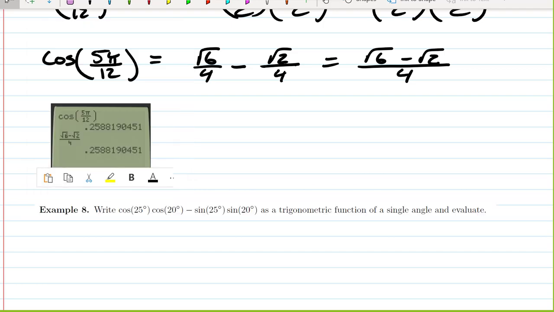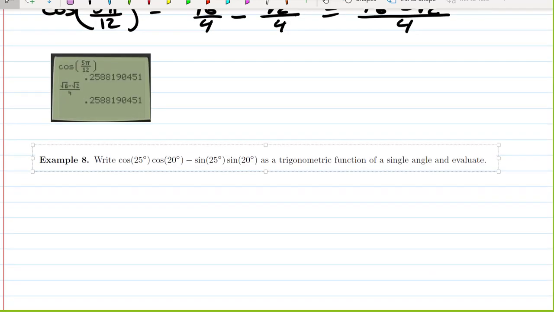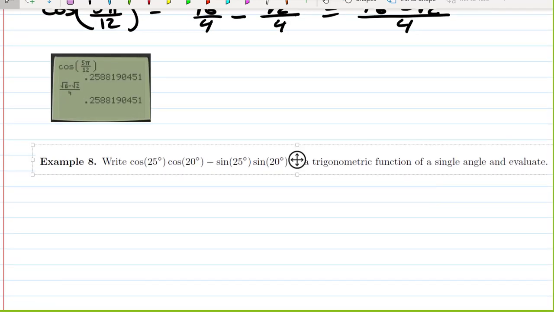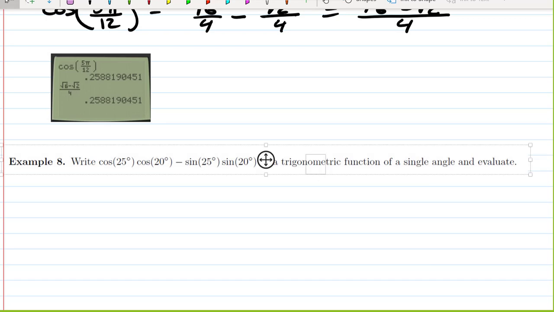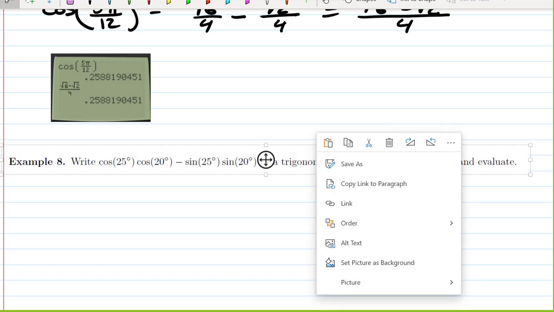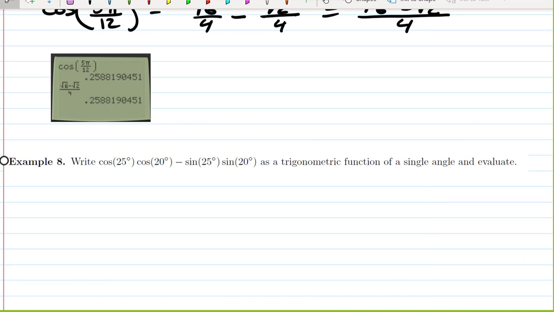For our next example, we're asked to write the cosine of 25 degrees times the cosine of 20 degrees minus the sine of 25 degrees times the sine of 20 degrees as a trigonometric function of a single angle and then evaluate.